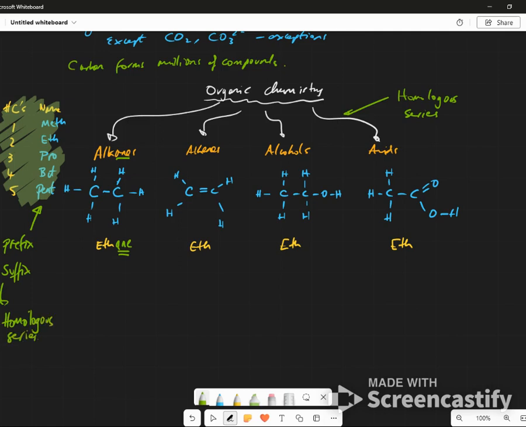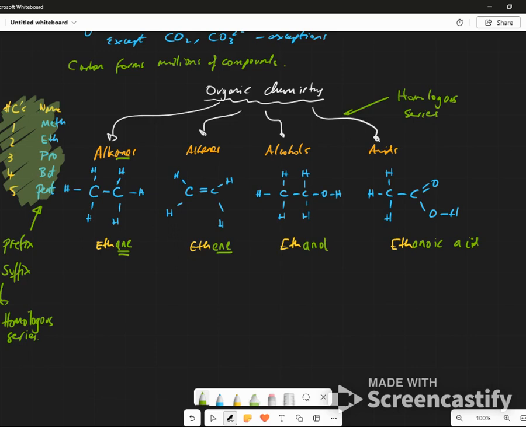So this first one is an alkane, so it's ethane. The next one is an alkene, so we call it ethene. The next one is an alcohol, so we call this ethanol. And this is ethanoic acid.